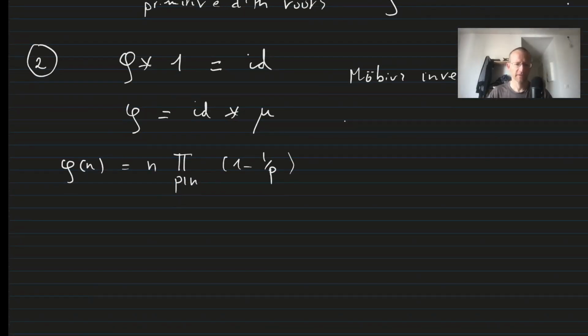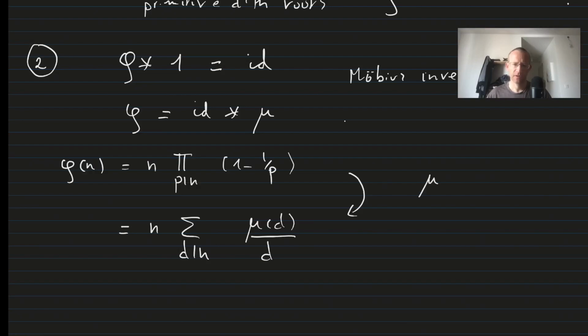So if we have this formula, then if we expand out the factors, we just get that this is a sum of the Möbius function of d over the divisors of n, times n over d, because each prime only can occur once, and we indeed have that the Möbius function of a power of a prime with exponent k larger or equal to 2 is equal to 0, and moreover the Möbius function of a prime is equal to -1, and then moreover it is multiplicative.